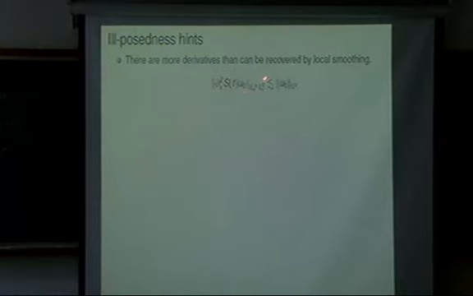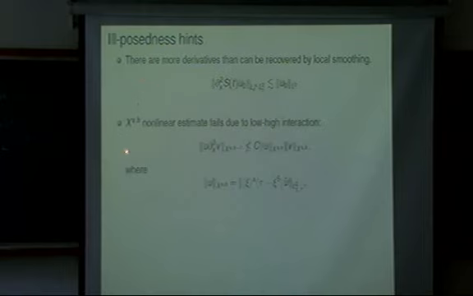But in this problem, because the linear term has too many derivatives to be recovered by the dispersion effect, it is impossible to solve by solely using the local smoothing. So this is one clue, and the second clue is that some X^{s,b} linear estimate fails.